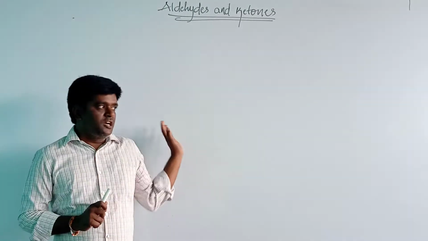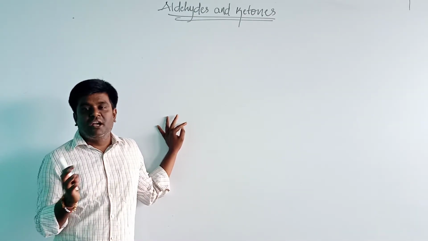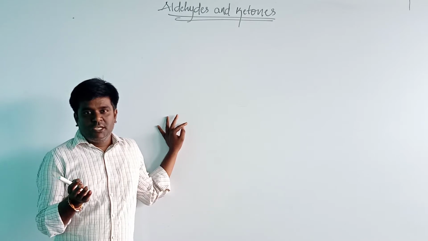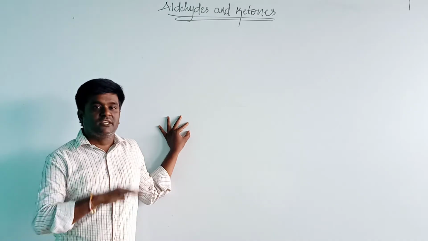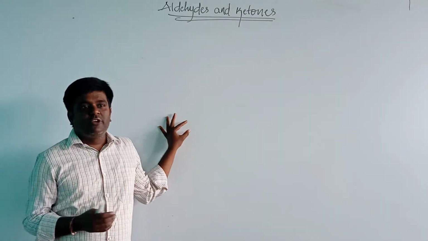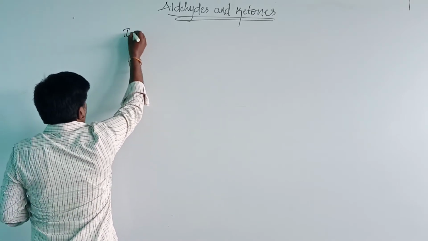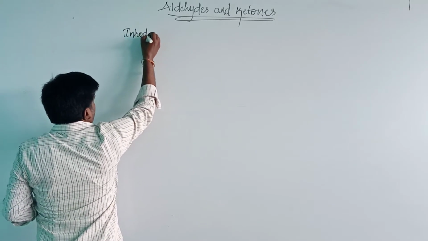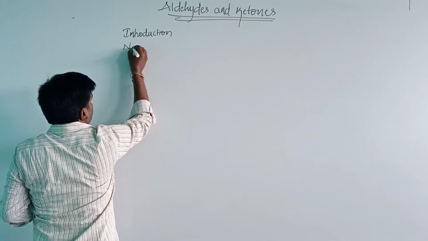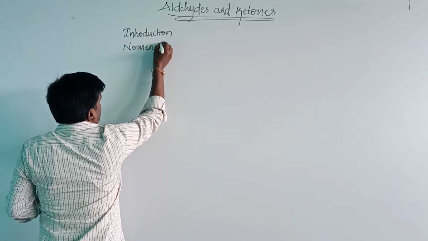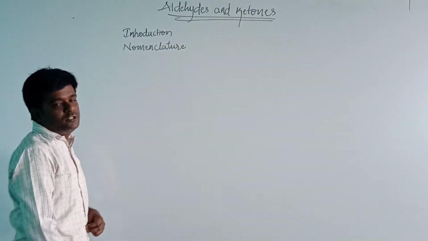In the last class, we studied the first half of the chapter on aldehydes and ketones. Let us recall what we have taken in the previous classes. First, we have taken the introduction for the aldehydes and ketones.